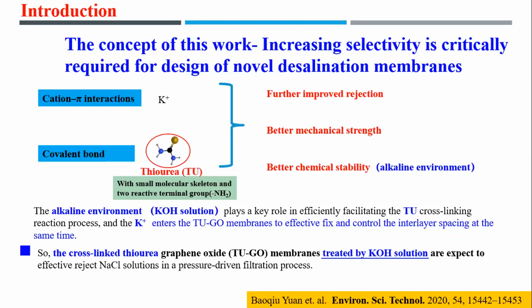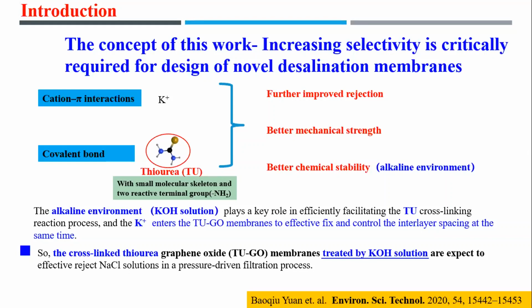So we hope to further increase the rejection of monovalent ions. Recently, molecular cross-linking has also been a promising method for preventing GO swelling and controlling the interlayer spacing.